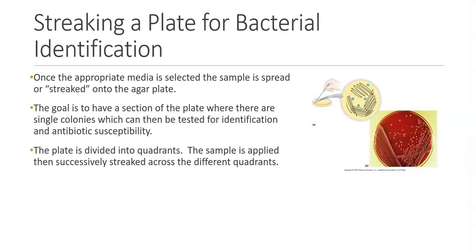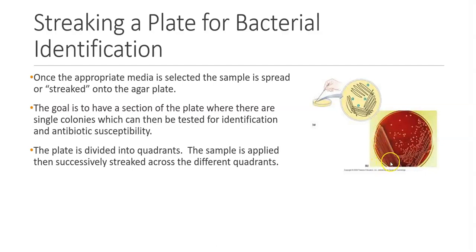Once the appropriate media is selected, the sample is spread or streaked onto the agar in a specific pattern. The goal is to have a section of the plate where there are single colonies which can then be tested for identification and antibiotic susceptibility. The plate is divided into quadrants, and the sample is applied then successively streaked across the different quadrants. So you notice that there's the thickest part, and this is where we started.